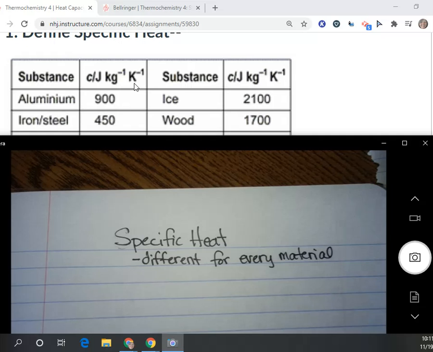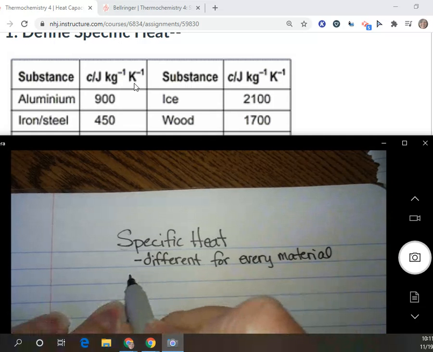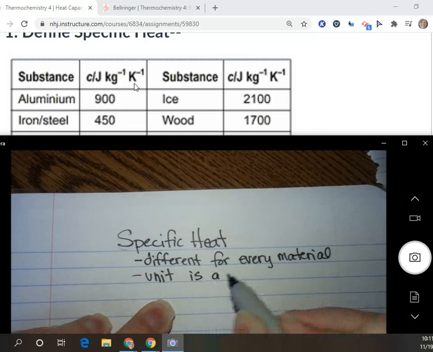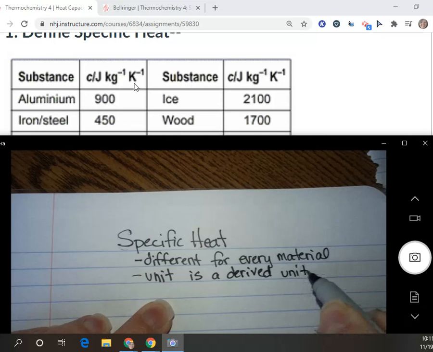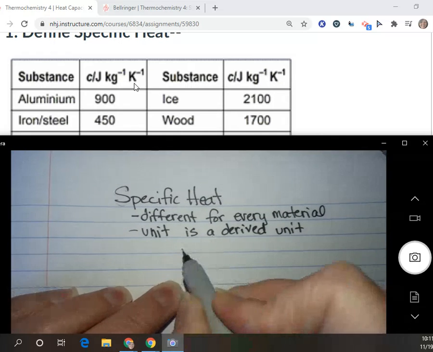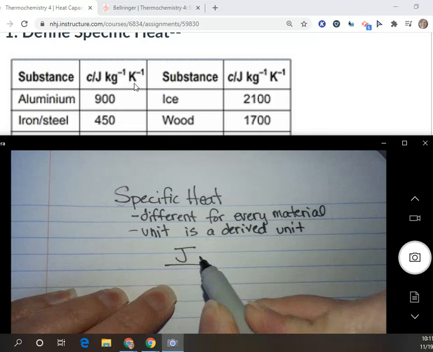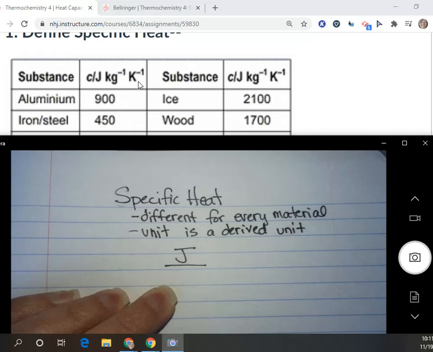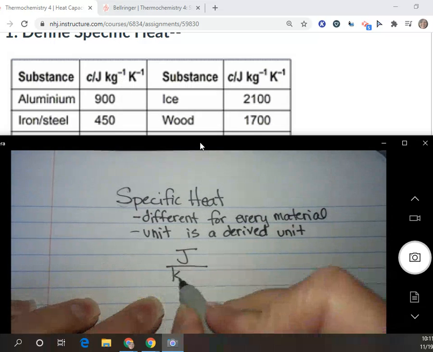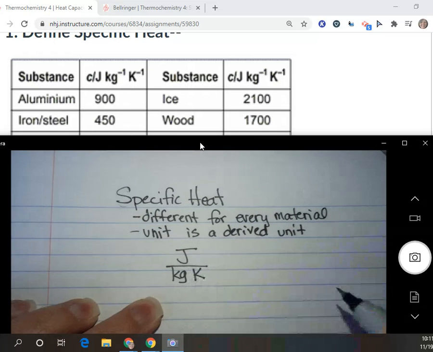So let's write that in our notes. The unit is a derived unit. It is joules per, so that's where we get that negative superscript up here. That means it is on the bottom of a fraction. It is per kilogram Kelvin.